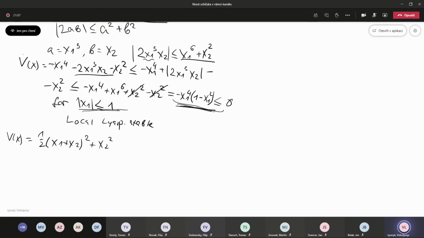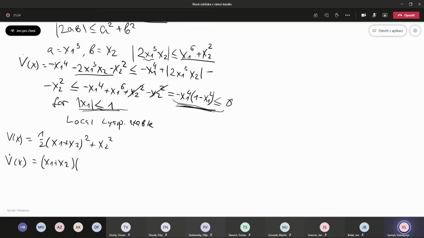Okay, and calculate the derivative of V. It's equal to (x1 plus x2) times (x1 dot plus x2 dot).